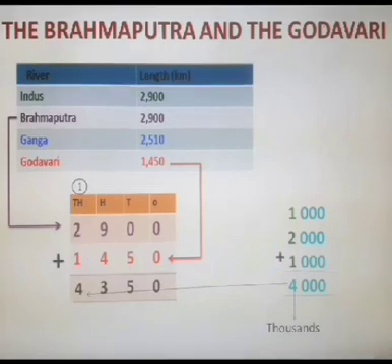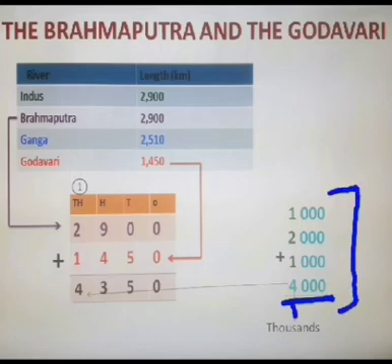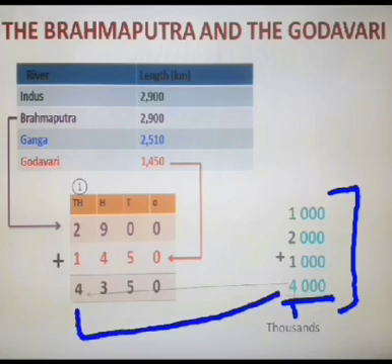In this 4000, 4 is in the thousands place. So after removing these zeros, we will write this 4 in the thousands column. So in this way, we get the length of second group of rivers, that is 4350.